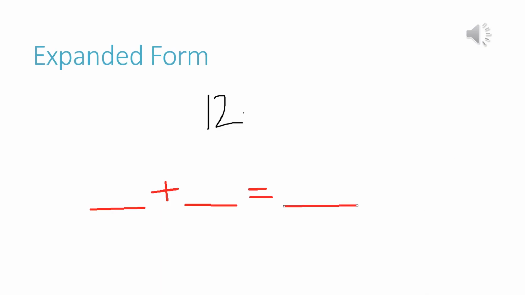To find the expanded form of the number 12, you have to find a number plus a number equals the total. And in order to do this, you have to find out how many tens do you have? How many ones do you have?